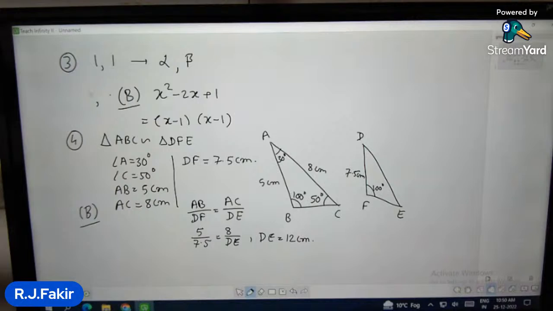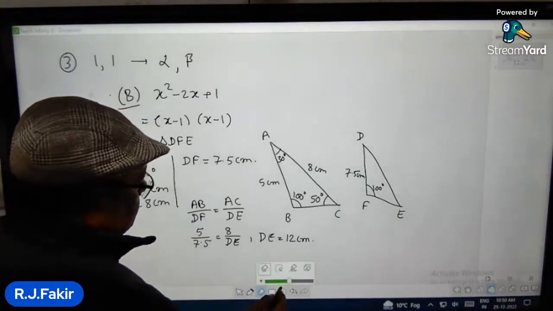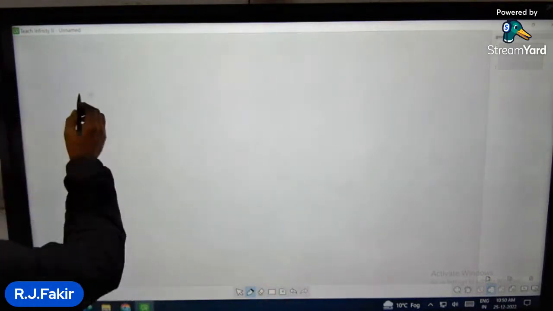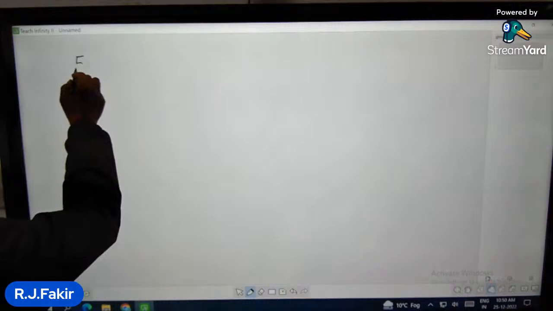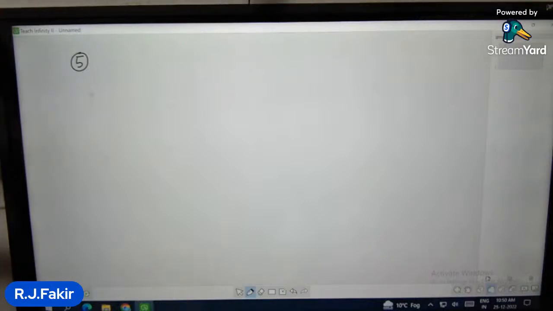Now the question number 5. In question number 5, the information given you can draw it on a coordinate system to understand it better.